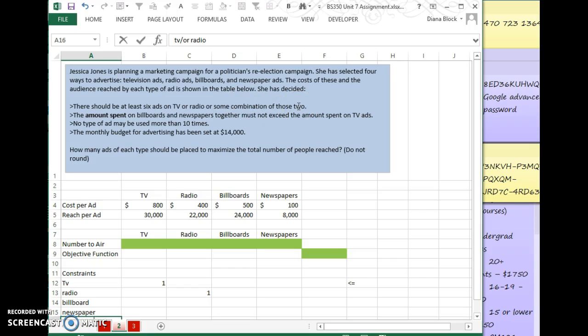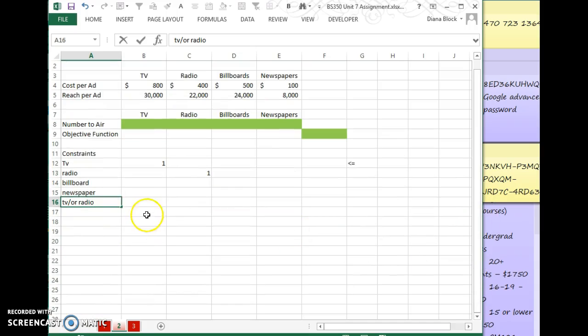So TV and radio combined have to be at least 6. So what you can do to make that happen, and again, there's an example of this in the textbook, you'll put a 1 here under TV and radio. So then when you do your sum product here, your constraint is that this number has to be at least 6, so greater than or equal to 6.